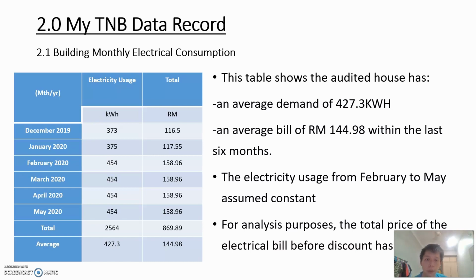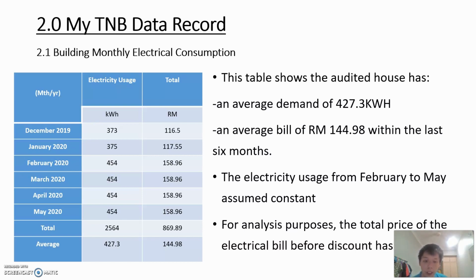Based on this table, we are able to see the average demand of our group, which is around 427.3 kilowatts per hour, and the average bill for our group is around 144.98, which is around 145 ringgit per month in the last 6 months. We assume the electricity usage to be constant throughout the months of February to May.